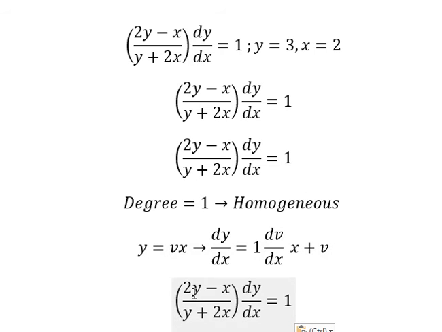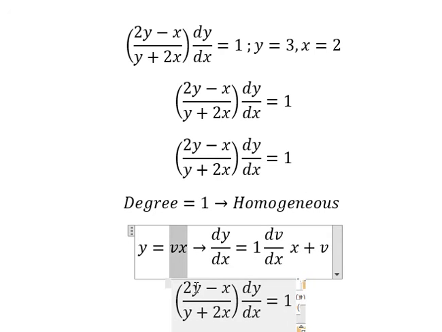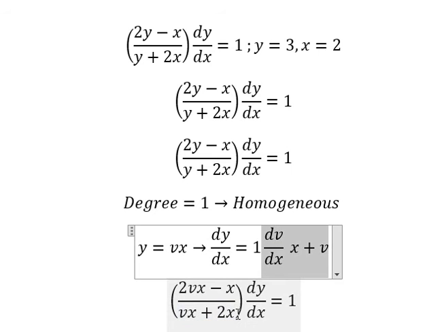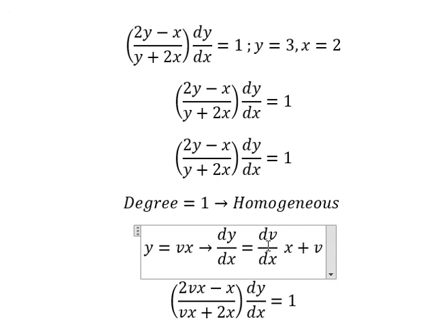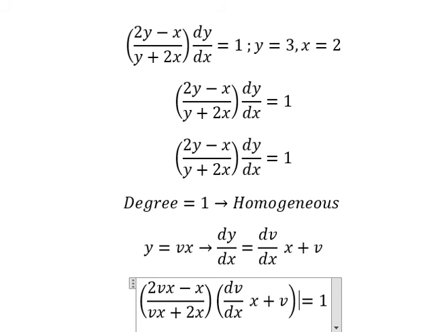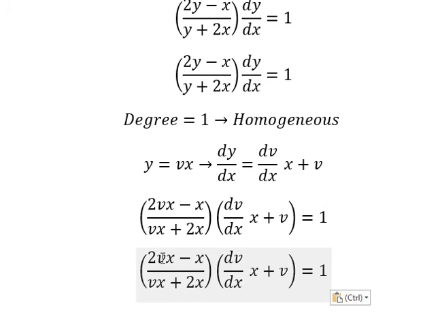So we need to change y into vx. dy over dx we change by this one. Now we simplify x in the numerator and denominator.